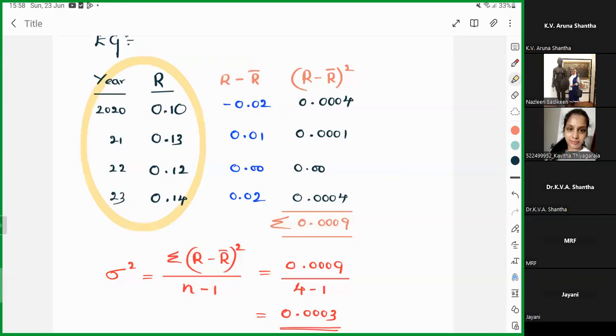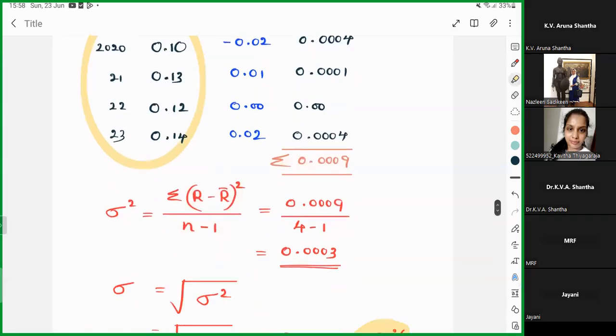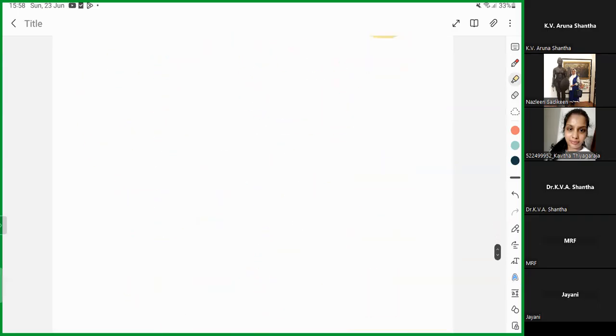But there are situations where you predict future return. We estimated the risk based on the past return. There are situations you have predictions about the future. We call it expected return.